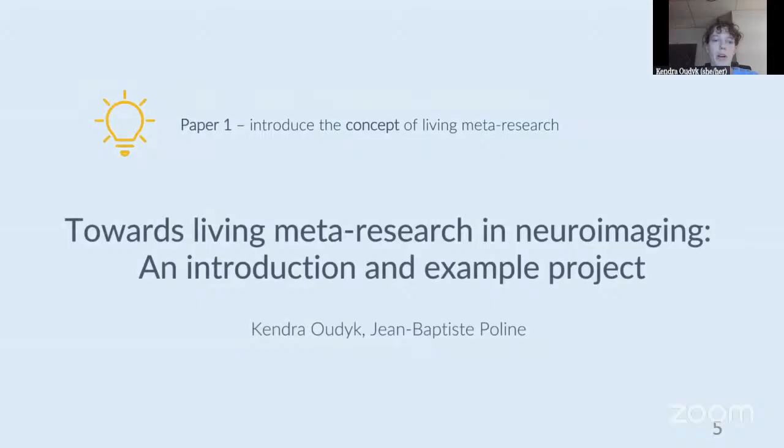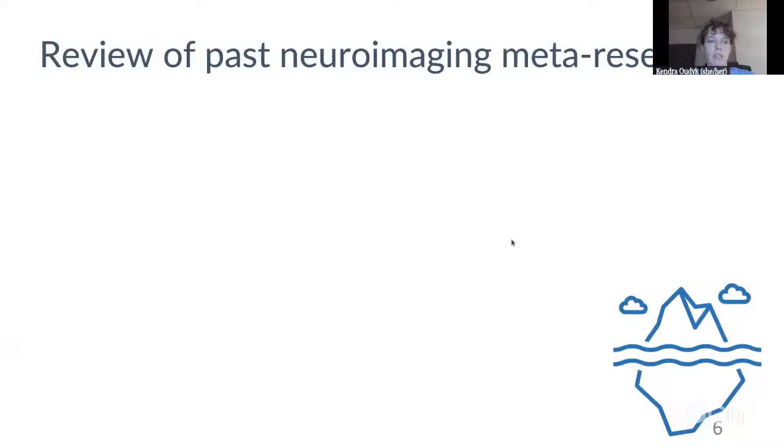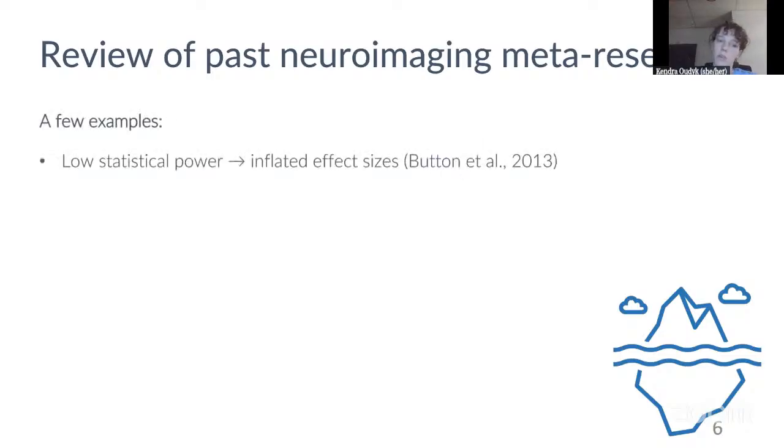So in the first paper, I'll introduce the concept of living meta-research. First, I'm just going to go over a few examples of past neuroimaging meta-research so that everyone can get an idea of what meta-research is for. For example, in 2013, Button and colleagues showed that low statistical power in the neurosciences is leading to inflated effect sizes in the literature.